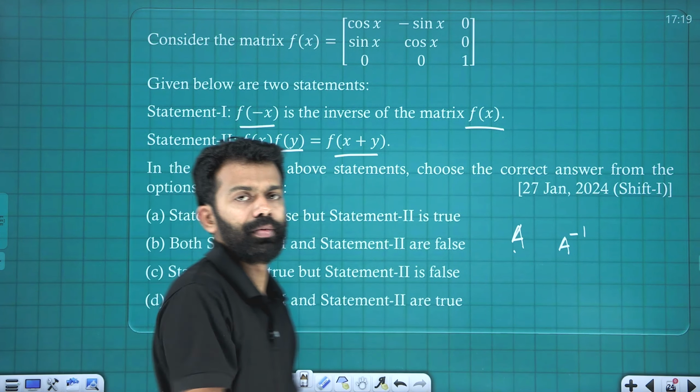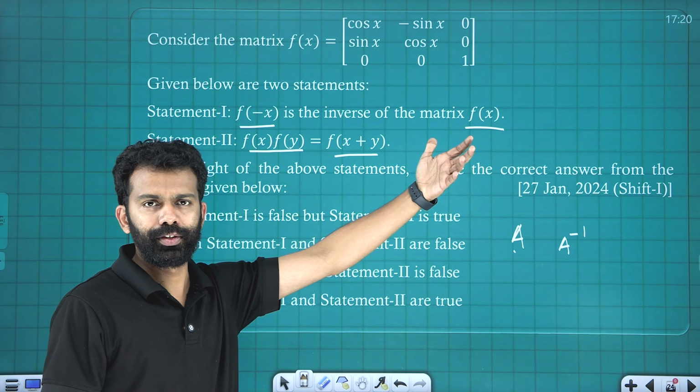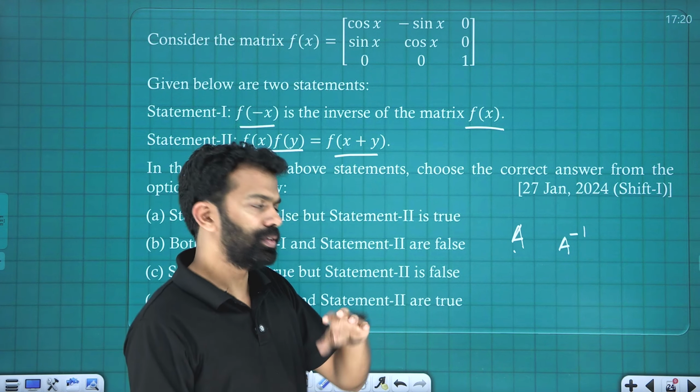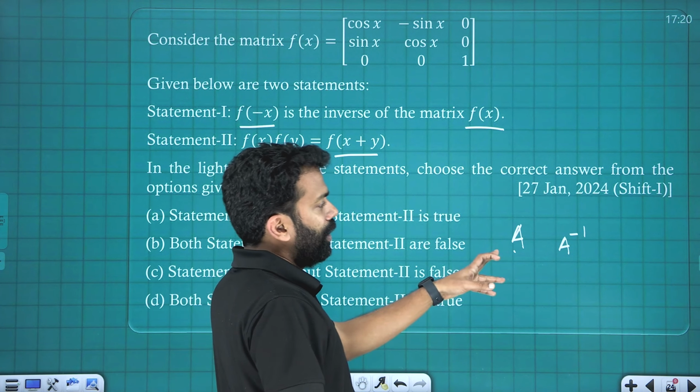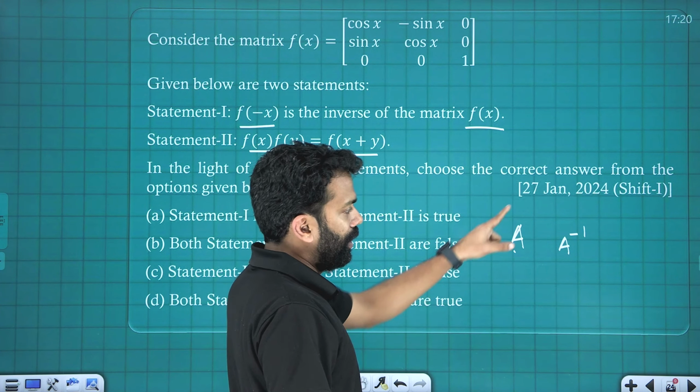The conventional method is to find the inverse of this matrix using 1 by determinant of A into adjoint of A. Or else you can use this technique: if A inverse is the inverse of the matrix, then if you multiply the two matrices you will get an identity matrix.